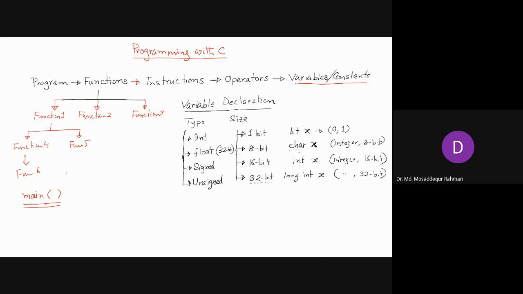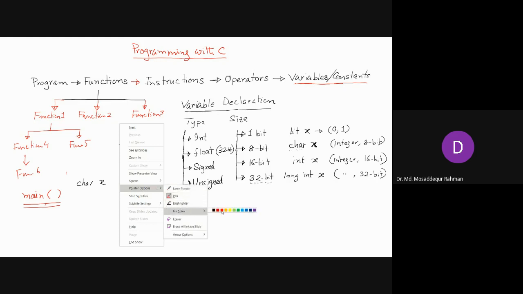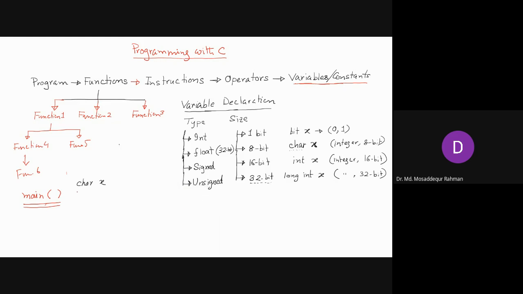So now a little bit, we take a closer look at this type char, the different types of data in this char type. So when you say char x, it means it is 8-bit long. So let's say we have something like this.